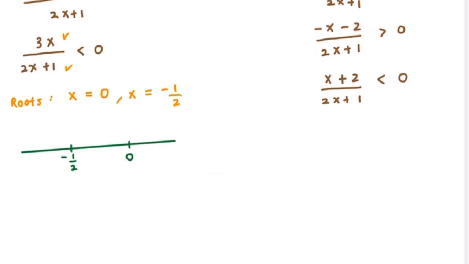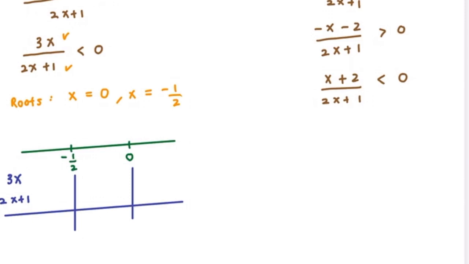And for the left hand side column, you have to display the expressions, 3x and also 2x plus 1. Okay, so just draw one table that consists of signs first, either negative sign or positive sign.